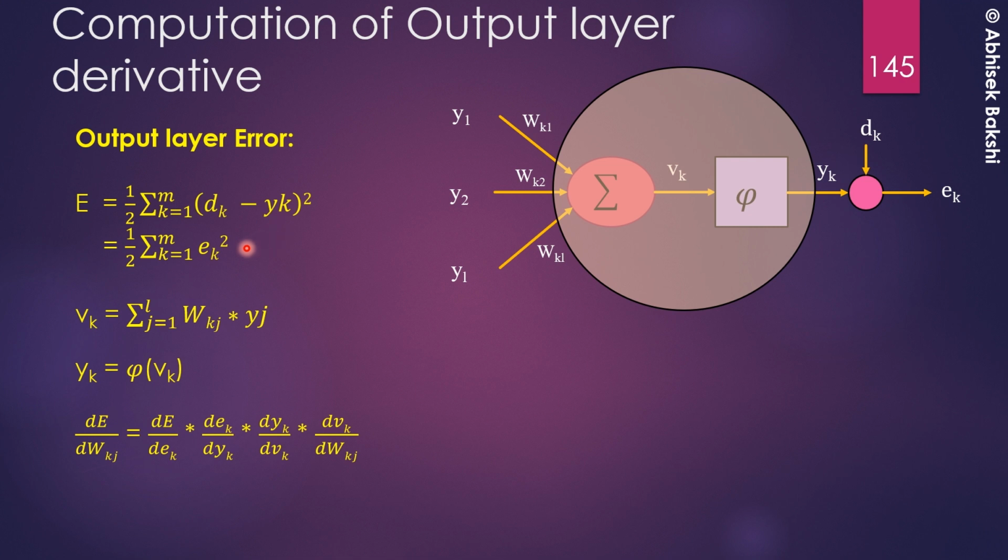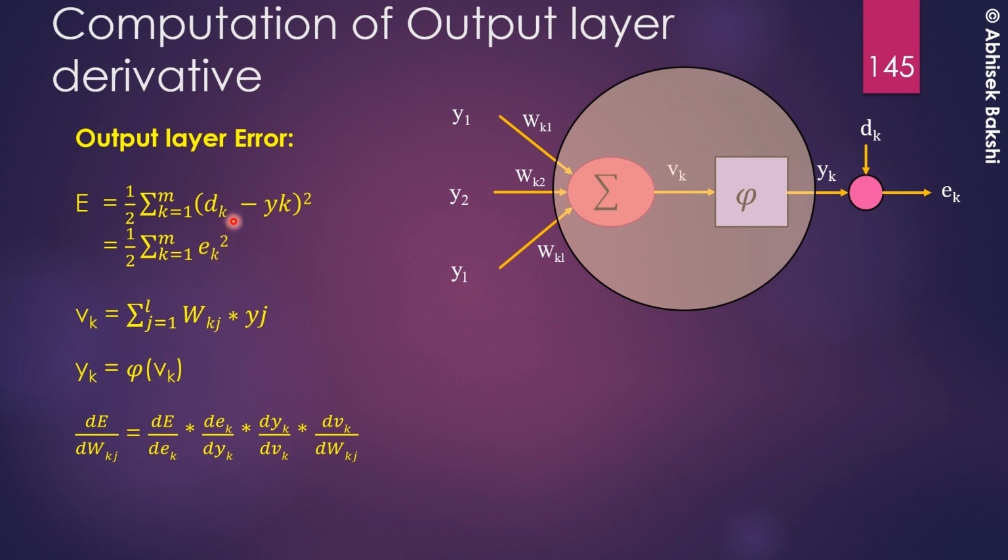That means ek is a function of yk. You cannot say ek is a function of dk.